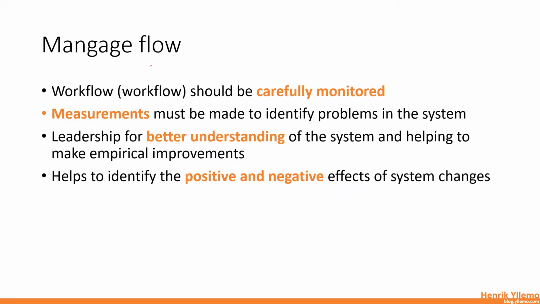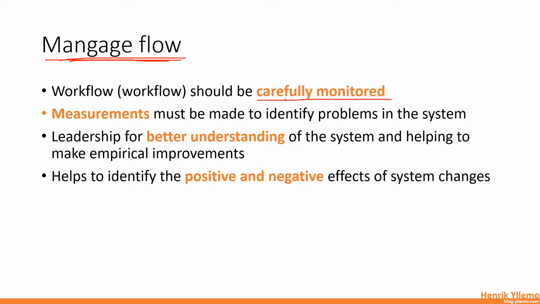Another core thing with Kanban is to manage the actual flow, the workflow, which should be carefully monitored. This is typically done by, let's say, a Scrum Master or an Agile coach or even a project manager, who can help you monitor this type of flow.